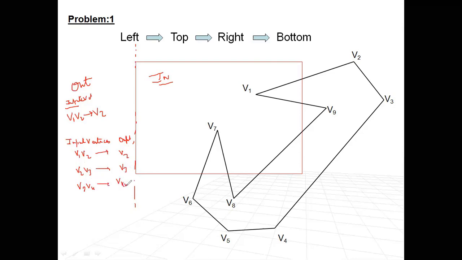Like v3 to v4 will be saved. Okay, v4 to v5 will be saved. v5 to v6 will be saved. v6 to v7 will be saved. v7 to v8 will be saved.